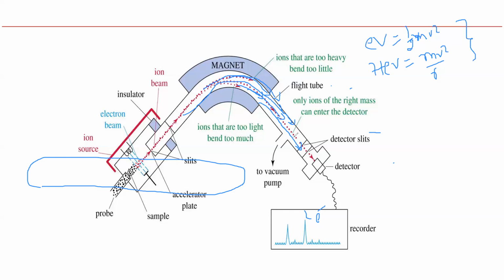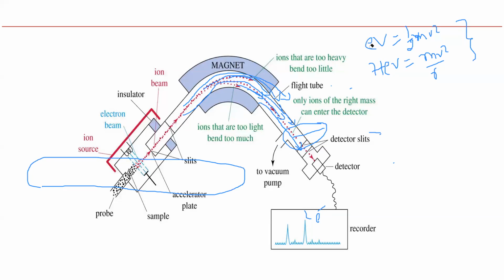So the molecular weight of the molecule which follows a lesser curvature path is analyzed by the mass analyzer first. Those which follow a larger curvature or larger radius path take more time to reach the mass analyzer. In this way the different fragments and molecular ions are determined.